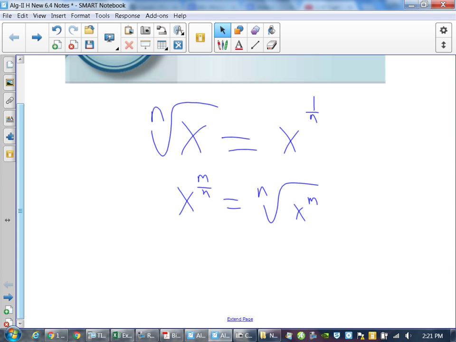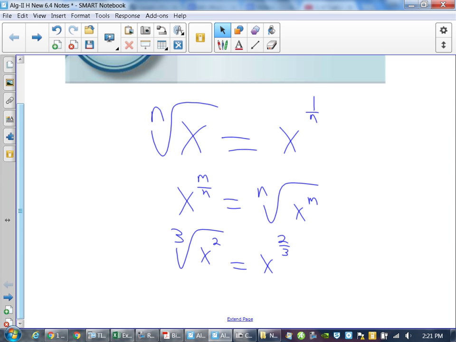So when you had stuff, I think we had this yesterday. Didn't we have the cube root of x squared? And we couldn't simplify that? If I wanted to write that as a fractional exponent, that would just be x to the 2/3. What's that? So you could solve for it.